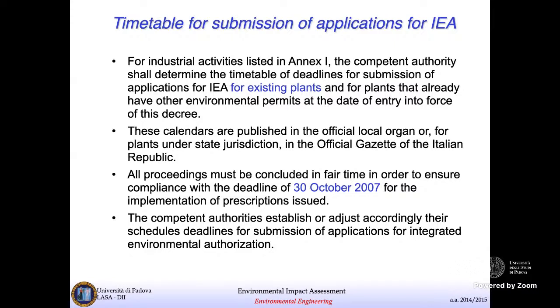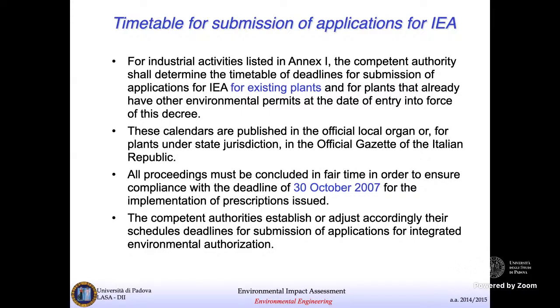These calendars are published in the official local organ, or for plants under state jurisdiction in the Official Gazette of the Italian Republic, that is the official governmental publication in Italy. All proceedings must be conducted in fair time in order to ensure compliance with the deadline of 30 October 2007 for the implementation of prescriptions issued.